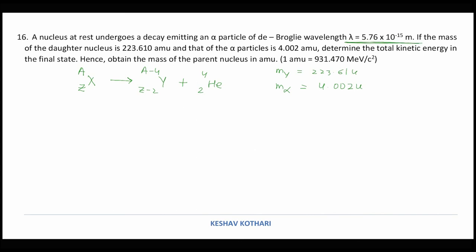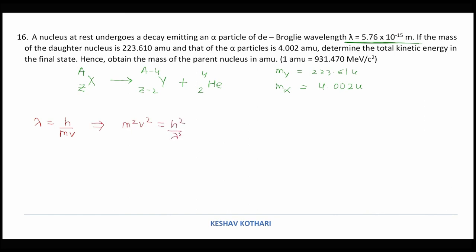So from the formula of de Broglie wavelength, I am writing lambda is equal to h by p, where p is mv, and from here we can write m square v square, which is p square, as h square by lambda square.